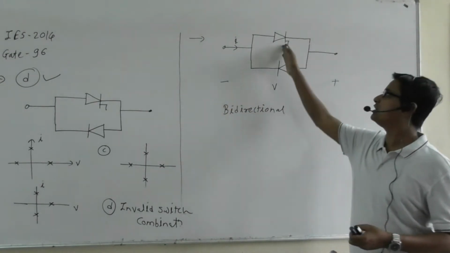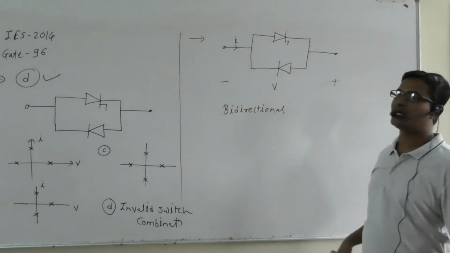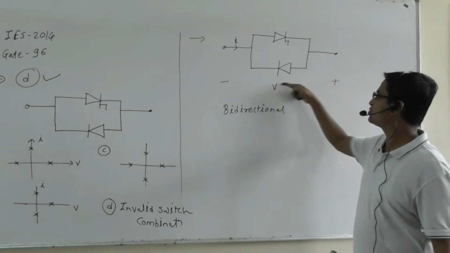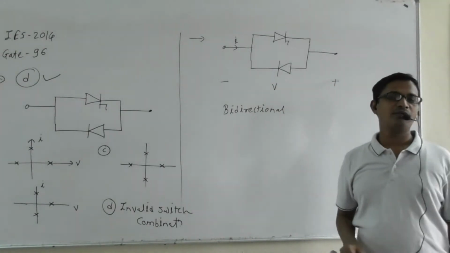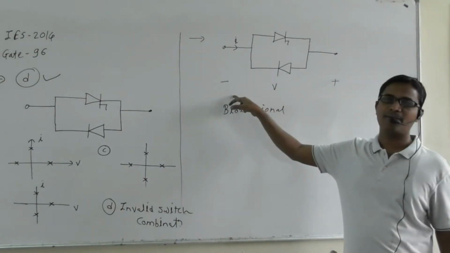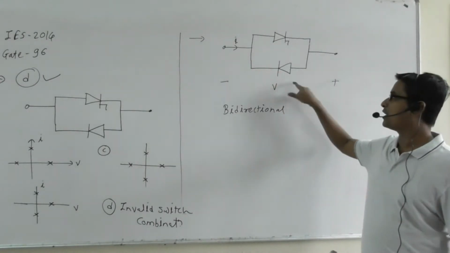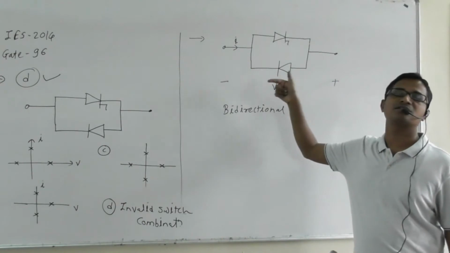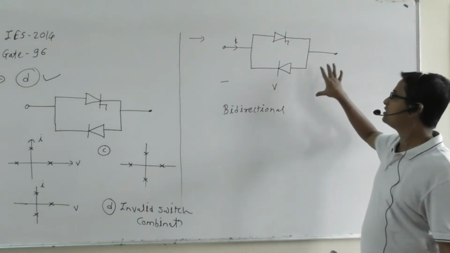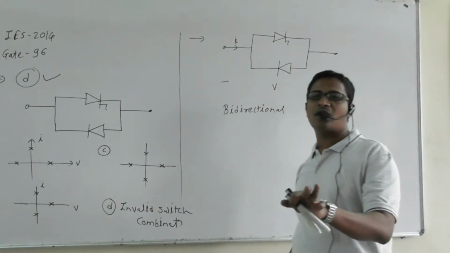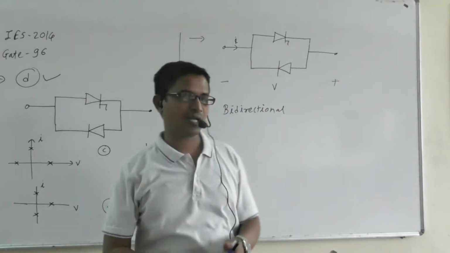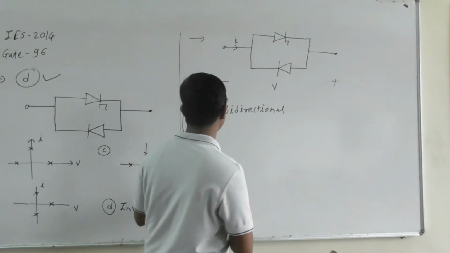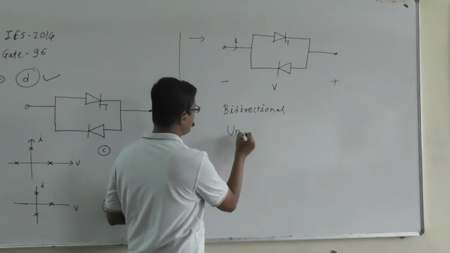Even though the thyristor is in the off state, the current will flow through the diode, because when the reverse voltage is applied across the switch combination, our diode will be in forward bias mode, so the diode will be in the conduction mode. So we can say that the reverse voltage will not be blocked by this switch combination. So the switch is unipolar.